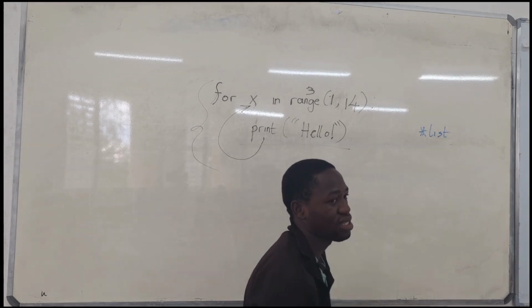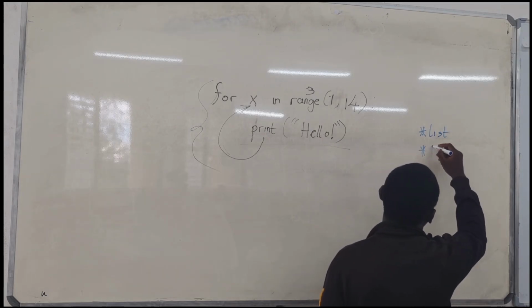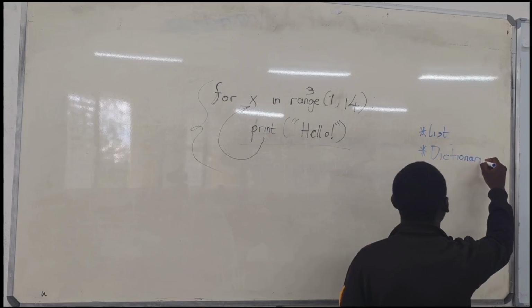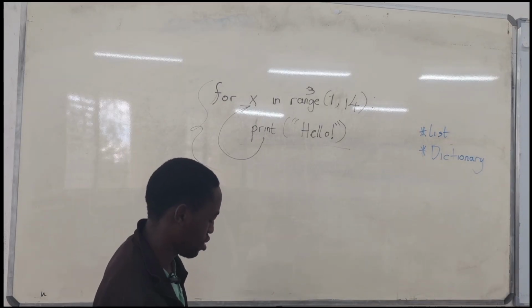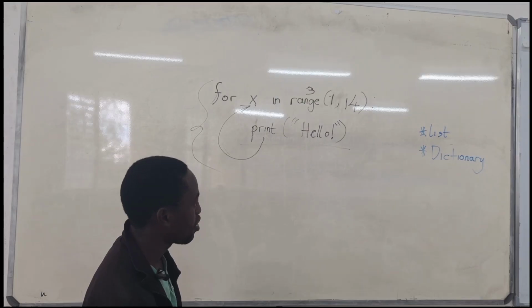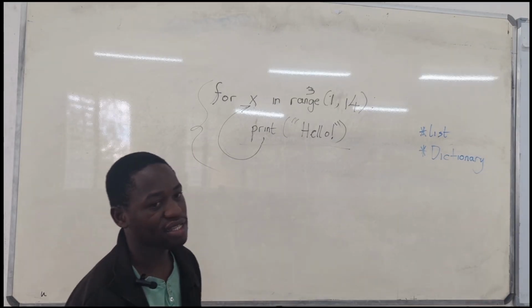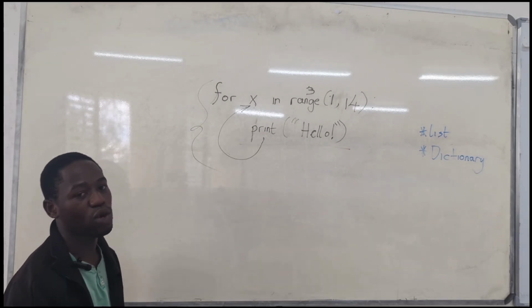We had the list, and we also had this different set, a dictionary. If you remember, when we wanted to print the values of a list, we would use the index of the value we want to print.